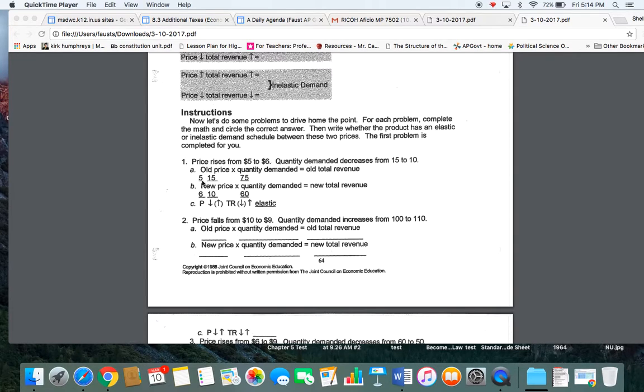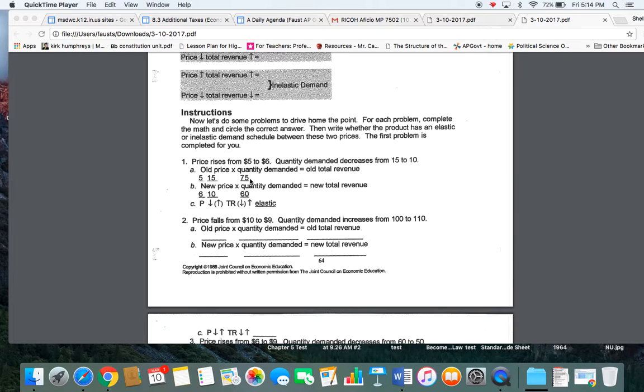So we're going to take our old price and our old quantity. Our $5 price with a quantity of 15, our total revenue is 75. When we increase the price to $6, our quantity demanded went to 10, so that's a total revenue of 60. This is the number that you're going to look at to see what happened to your total revenue. So when we went from 5 to 6, we're going to circle the up arrow.